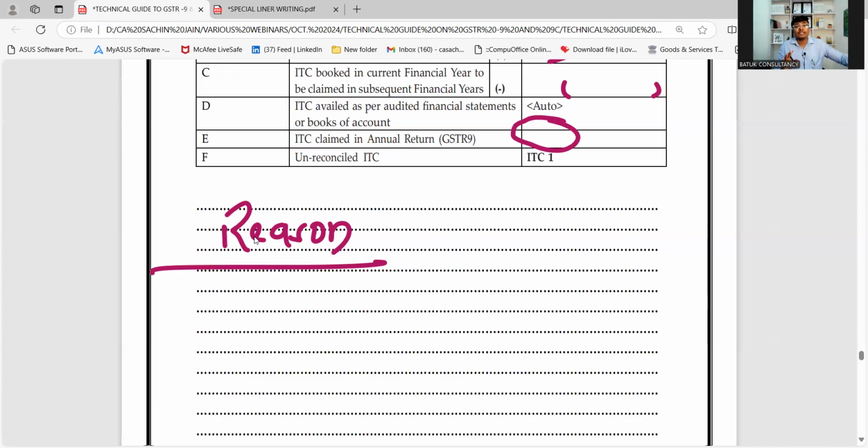Hence, the same input tax credit has already lapsed. That type of note you also need to make, so that if there is any litigation or notice in future, they can easily check the same and you will be in a position to provide the response in a very good way.